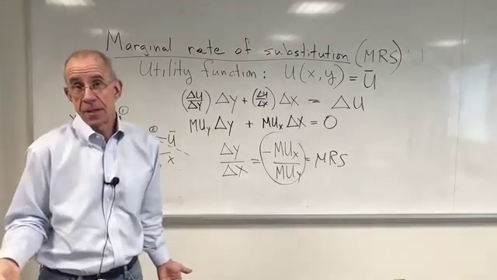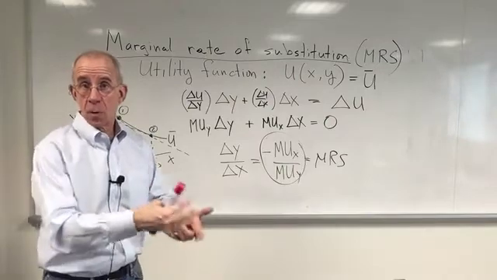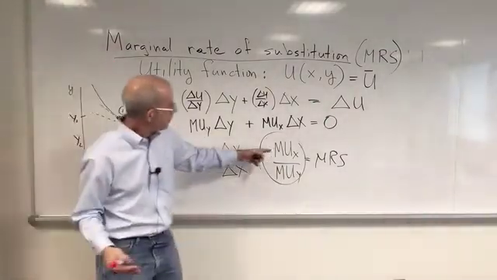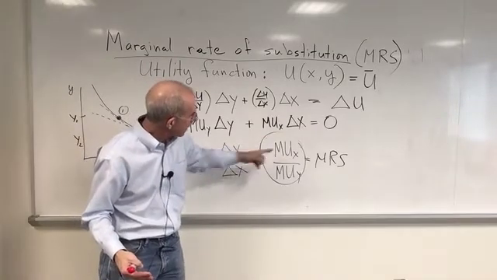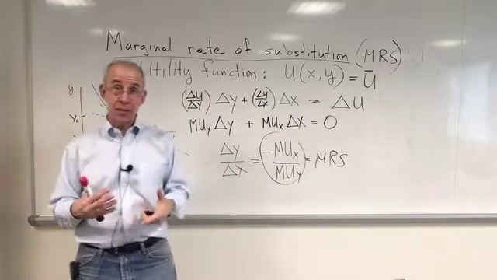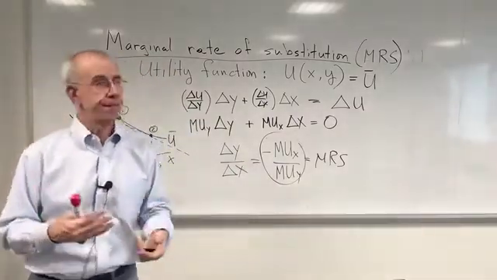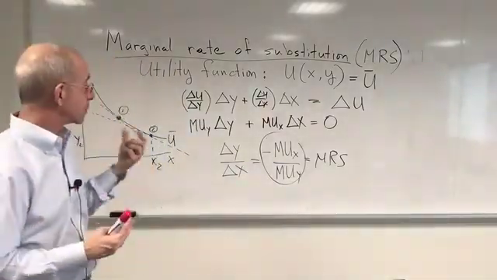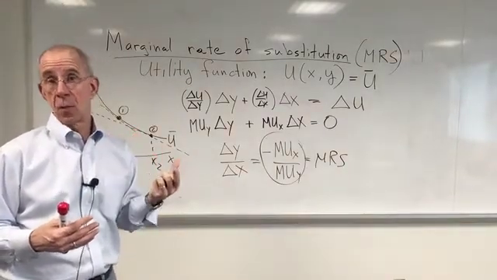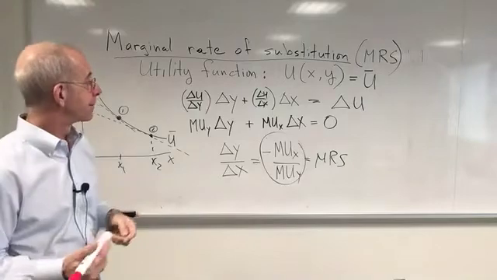I get less benefit by consuming more and more X. So the marginal utility of X is going down. The marginal utility of Y, as I consume less of it, is going up. As I buy less of it, the marginal benefit of consuming one unit of Y has gone up.